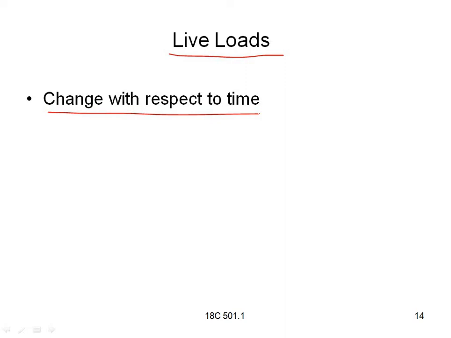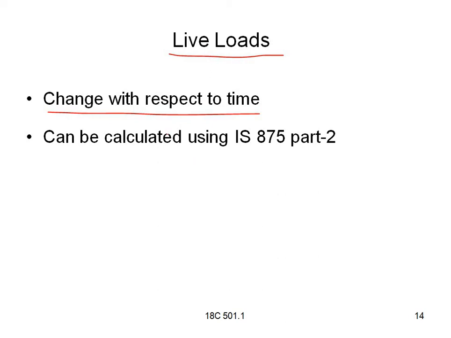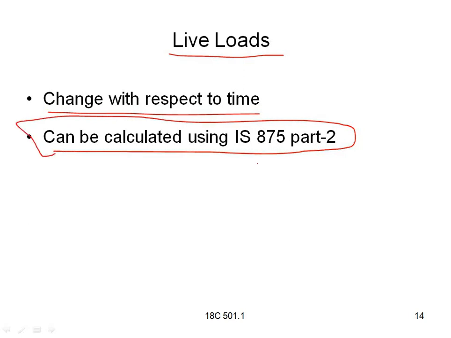That is why it changes with respect to time, and it can be calculated using IS 875 Part 2. We can check these live loads in the IS 875 Part 2 code book.